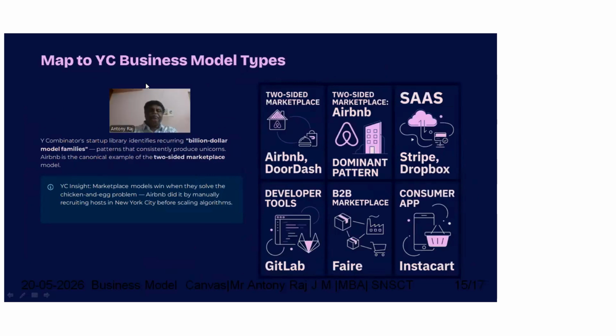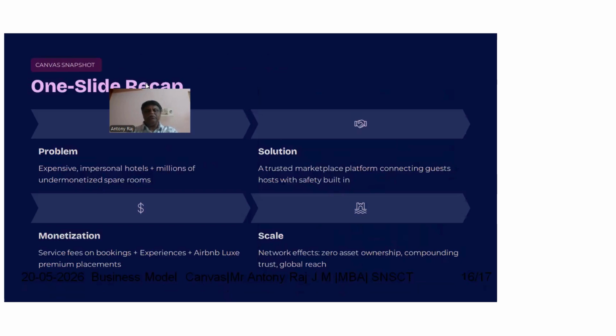And you can match Airbnb to the different business model types. It's a very clear indication of how Airbnb has applied this business model canvas, and not only that, other concepts like SaaS and more have also been used.